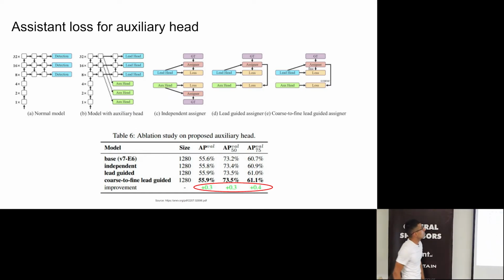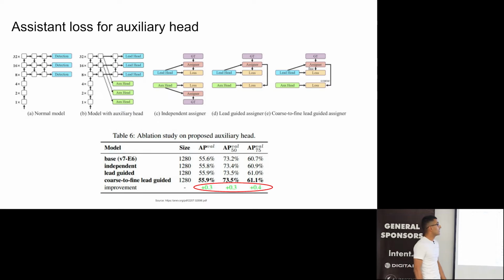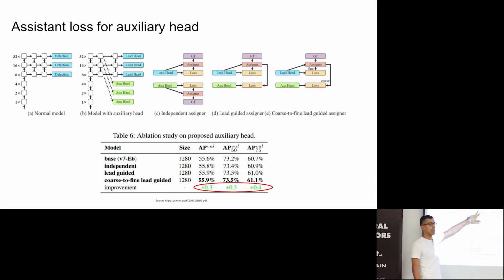So, assigner loss for the auxiliary head. In YOLOv7, they introduced an auxiliary head. Earlier versions only had 3 heads for multi-scale predictions, but they also introduced 3 other heads, which are basically used for supporting these final detection heads.